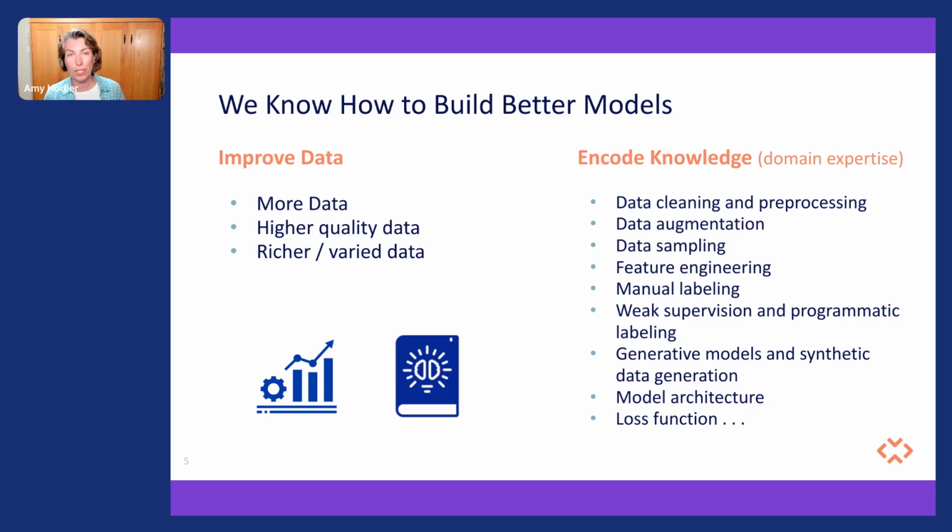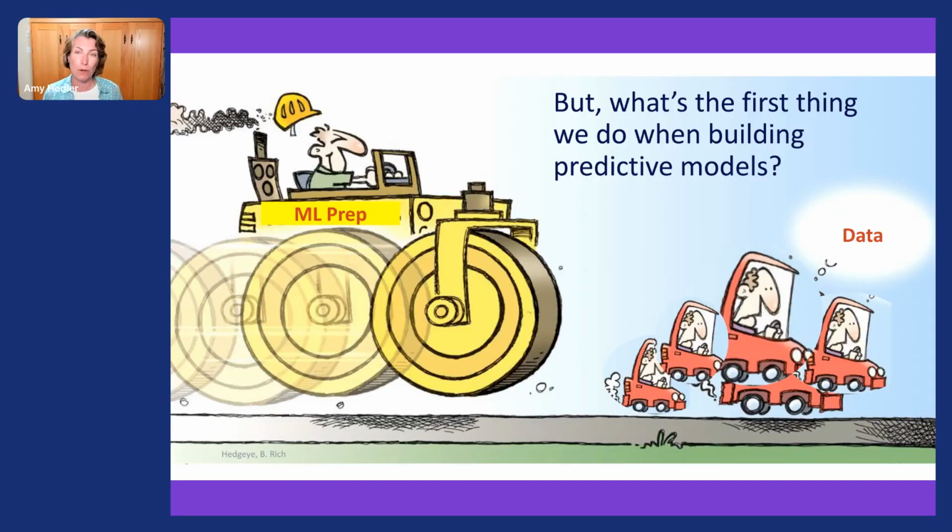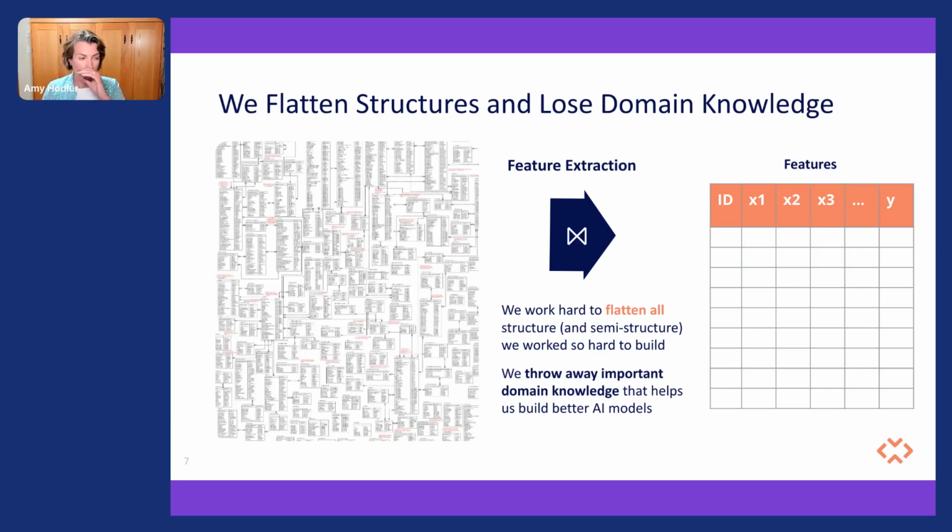And unfortunately, the first thing we do when we start building a predictive model is to steamroll our poor raw data. The first step we do when we're creating features is we flatten our structures. And if you think about all of your organizational information, how things are related, what are the dependencies? What's the importance of this item?